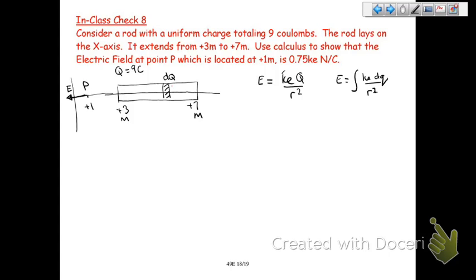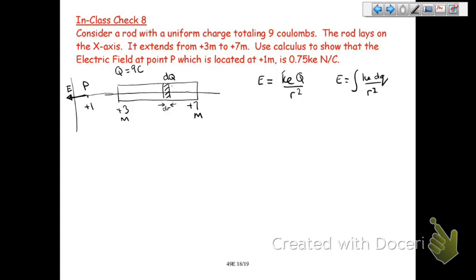So I'll come back and I'll do a bit of physics, and this is the physics bit. There's my dq, and I'm going to call this dr, or I can call it dx, I don't care which. Let's call it r. So this is going to be dr. My dr is my little bit of width.